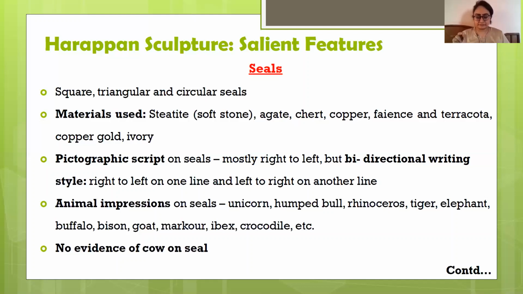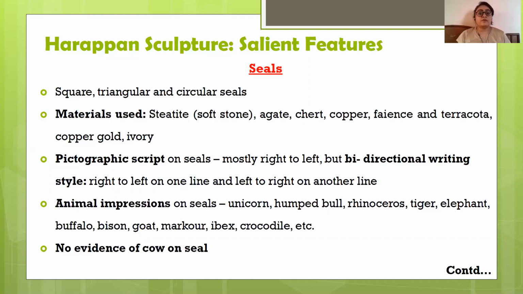So if you say that the pictographic script of the Indus Valley civilization is written from right to left, the answer is wrong. It is bidirectional. It is written from right to left as well as from left to right.